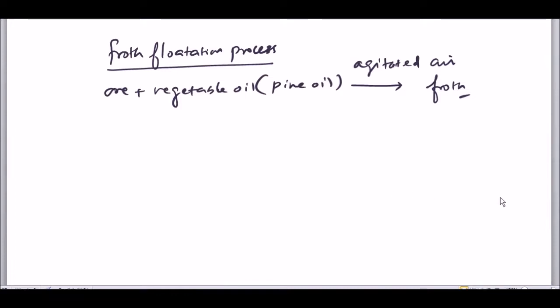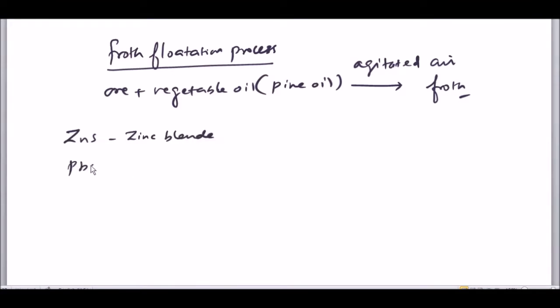The froth will wash out the unwanted things as well as collect the metallic part. So the metal sulfides can be removed along with the froth. For example, if you take ZnS, what is it? It is nothing but zinc blende.